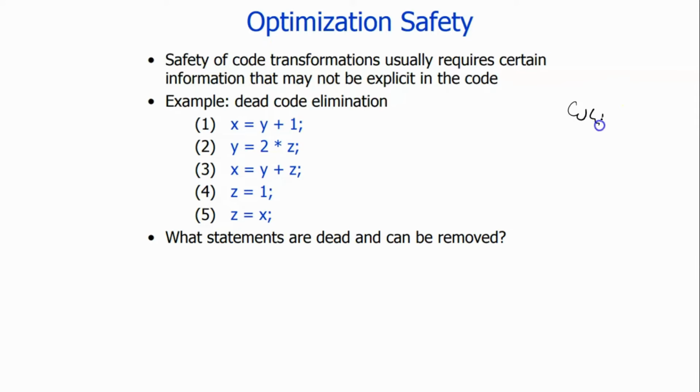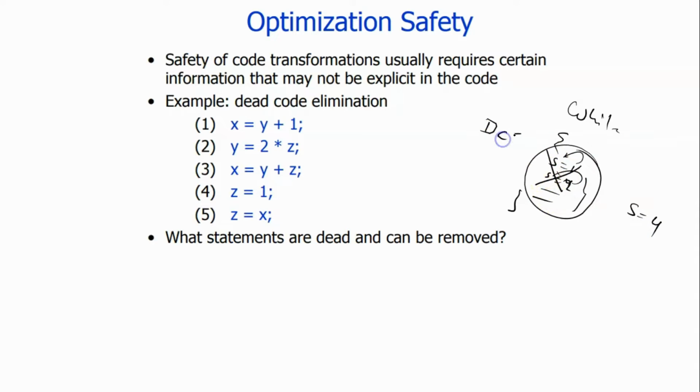Like I told you, in this while loop you have 4 instructions: s equal to 1, s equal to 2, s equal to 3, s equal to 4. Basically here you are assigning 1 to s, here you are assigning 2 to s, and so on. When you replace these 4 instructions with 1 instruction, you are removing these 3 instructions: s equal to 1, s equal to 2, s equal to 3. This is called dead code elimination.